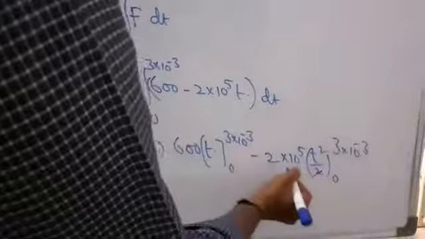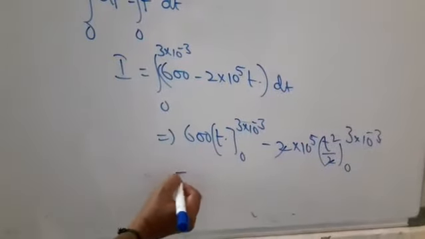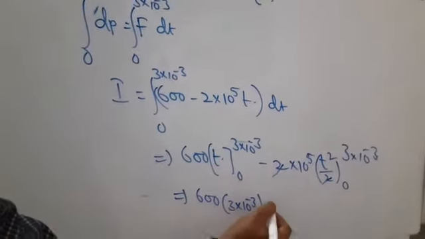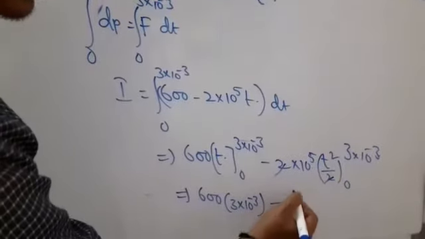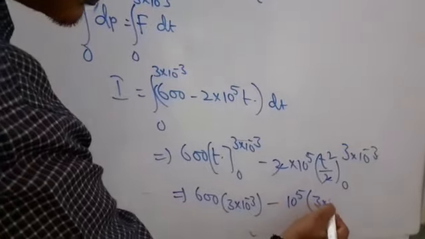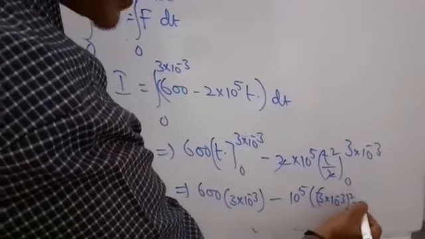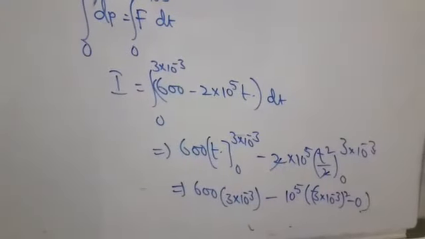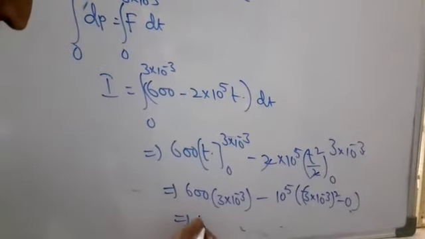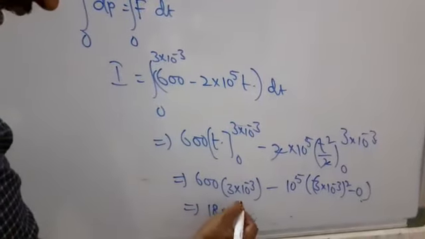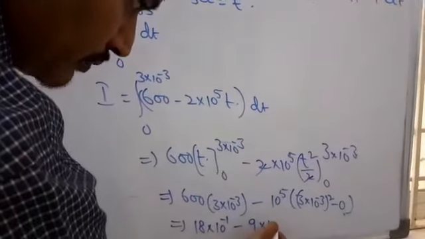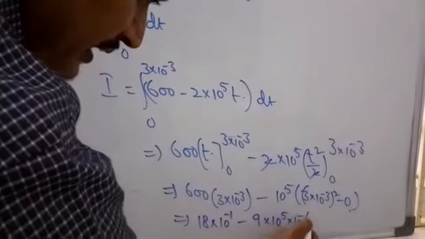The 2 gets cancelled. Then 600 into 3 into 10 to the power of minus 3, minus 10 to the power of 5 into 3 into 10 to the power of minus 3 whole squared, minus 0. Simplifying, 6 times 3 is 18 into 10 to the power of minus 1, minus 9 into 10 to the power of 5 into 10 to the power of minus 6.